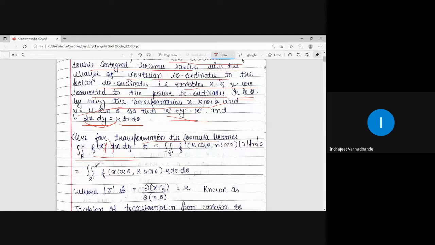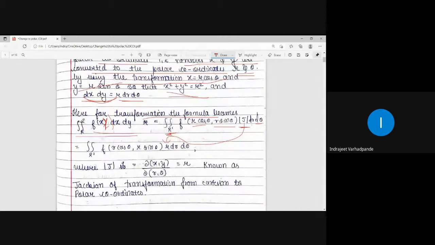The region is also changed: whatever the region in the Cartesian coordinate system, that is now transformed to polar. So the region is denoted by R dash. f of r cos theta, r sin theta, times the determinant of J, dr d theta. The determinant of J means it is r, which is called the Jacobian of transformation.